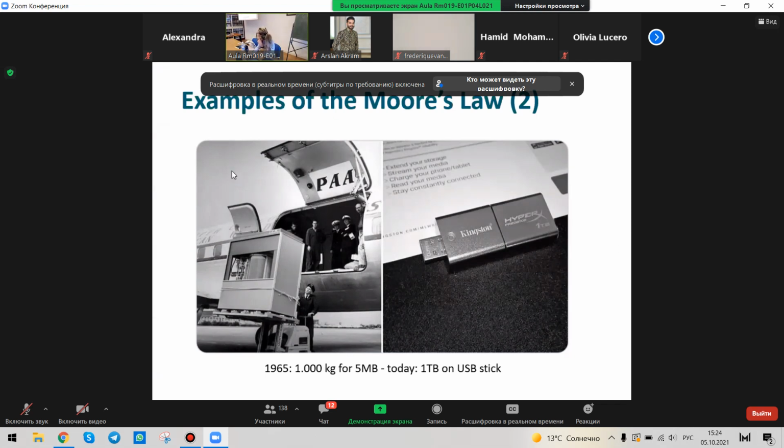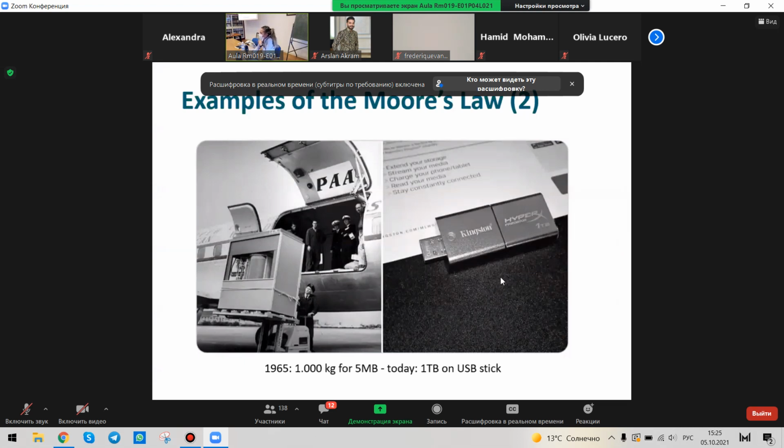For example, we shifted from a memory case, because we cannot define this as a stick, that was able to store 5 megabytes and had a weight of 1,000 kilos in 1965, to what is today a stick that is able to have a memory of 1 terabyte and more, okay?